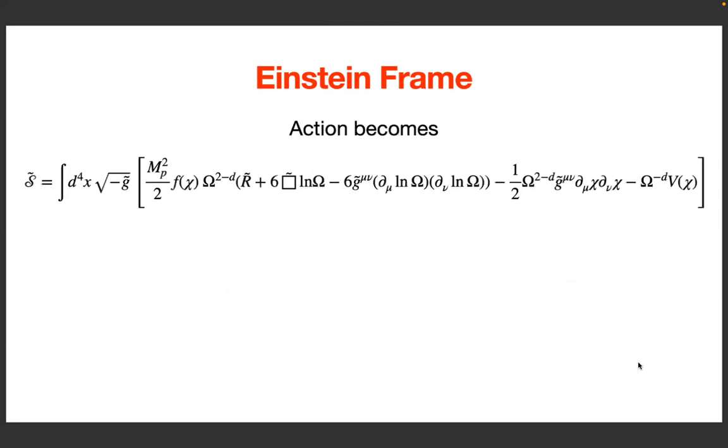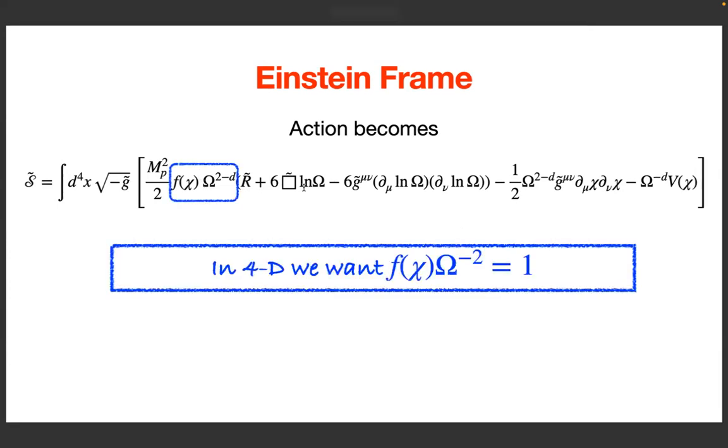If we apply this transformation to the Lagrangian that I was showing you before, to the action, we get this. Of course, we have these conformal factors in front of all of our expressions. And what we want is to recast this into a form where we have only the Einstein-Hilbert action in the new frame. What it means is that whatever is multiplying the Ricci scalar in this frame should be 1 and not this function or anything else.